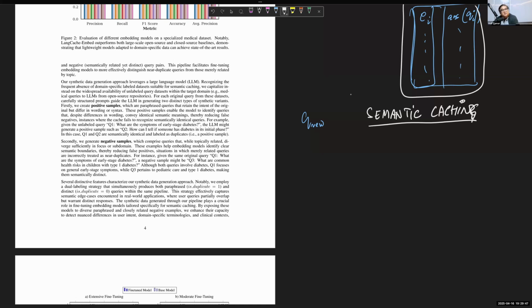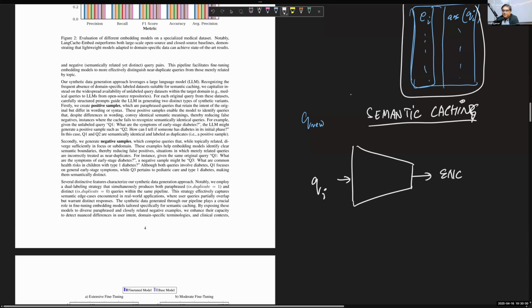Now there is a question though. This paper pertains to the semantic caching and the encoder that we use, the encoder that was used to take a question query I and to encode the question query I. Now, when you do this, the general idea is that here we are very particular.